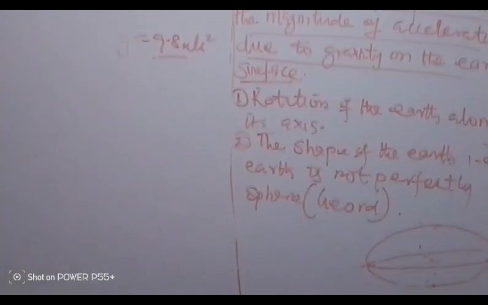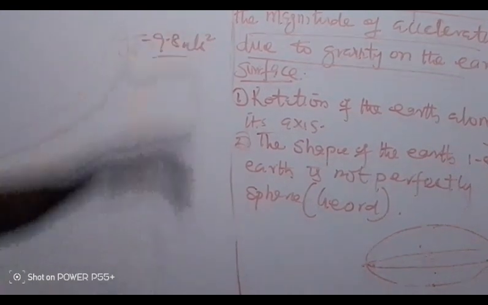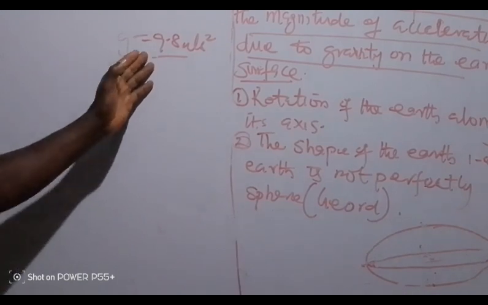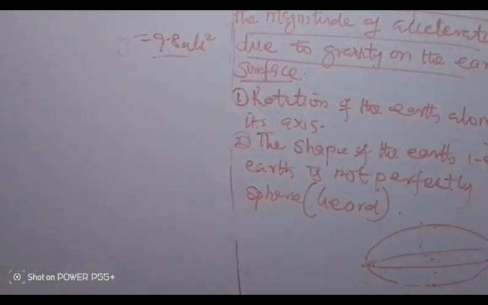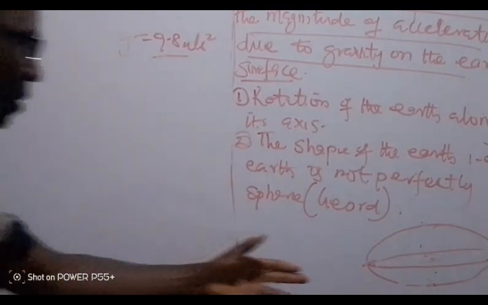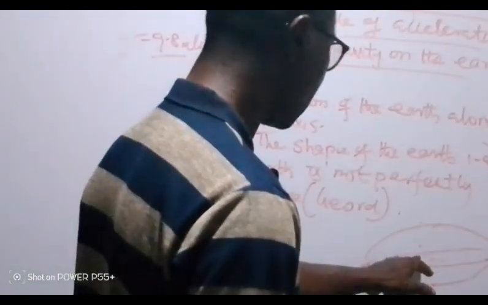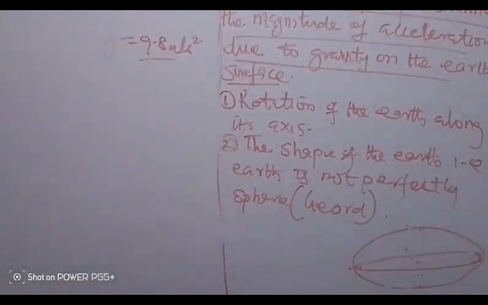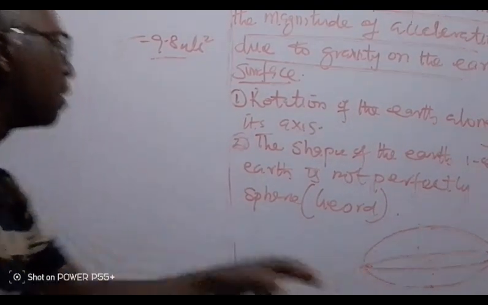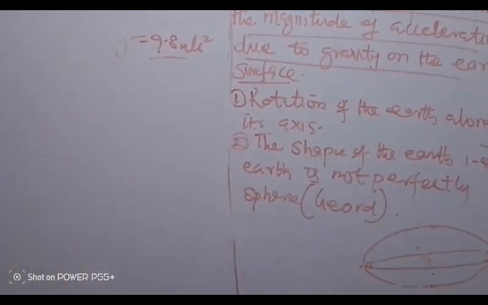I take it again because that question can be given: explain the statement. The acceleration due to gravity on the equator is 9.8 meters per second squared. And the statement can be explained like this: it means the force of gravity on an object at the equator increases the velocity of an object by 9.8 meters per second.